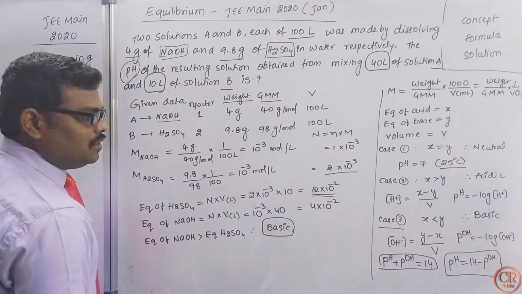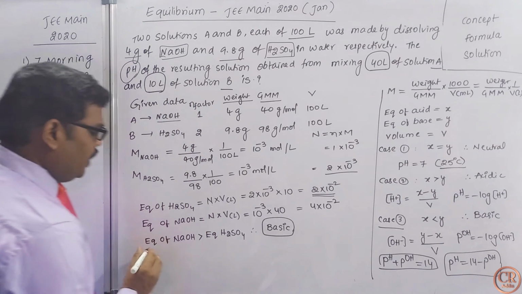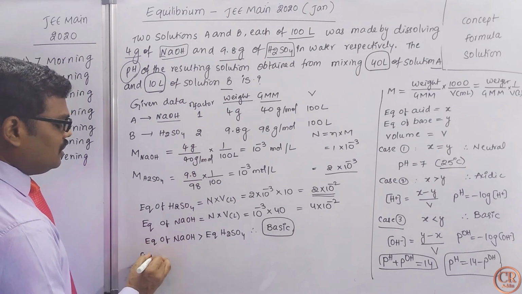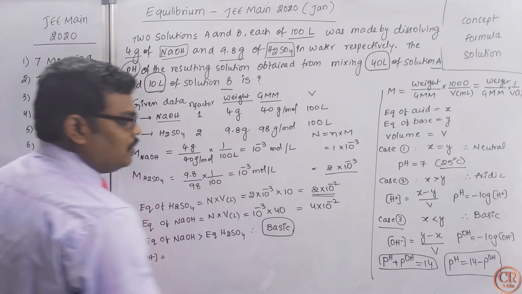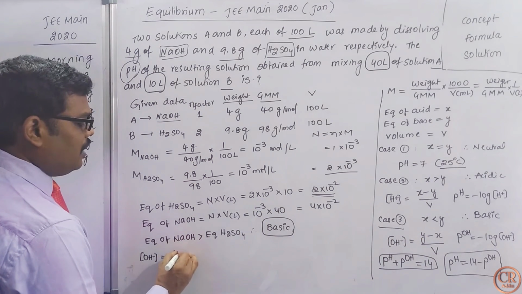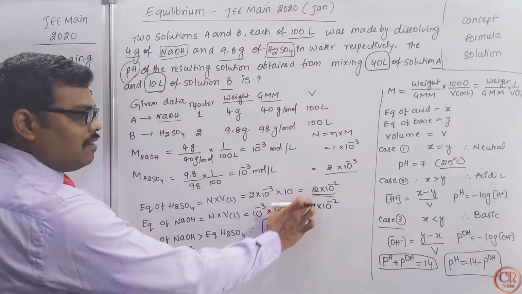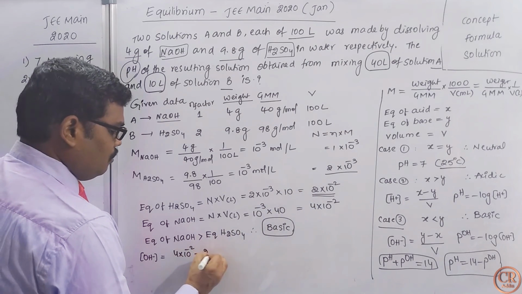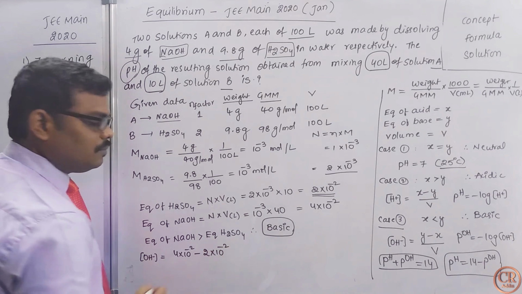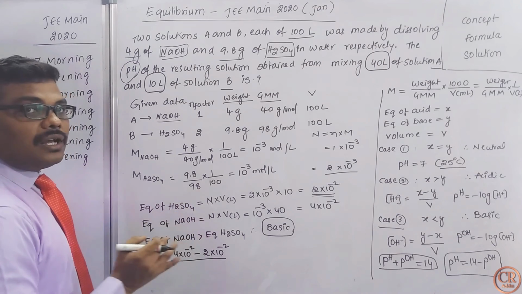If the nature of the solution is basic, then we have to use this relation. OH minus ion concentration is equal to equivalents of base, 4 into 10 power minus 2, minus equivalents of acid, 2 into 10 power minus 2, by what is the total volume?